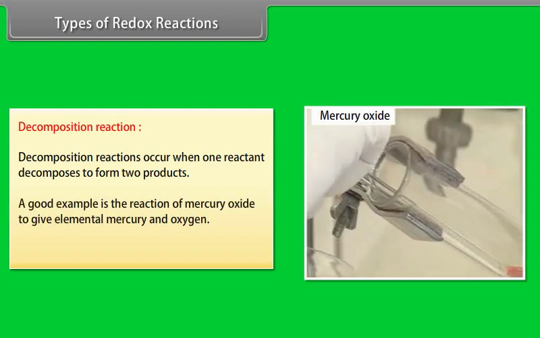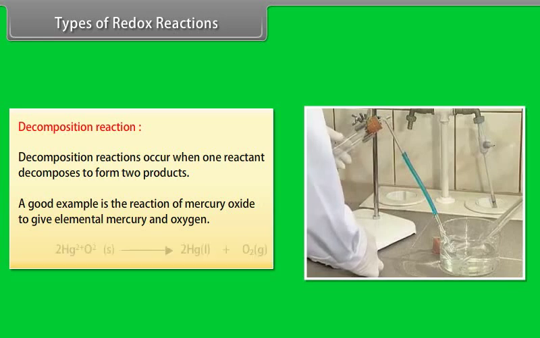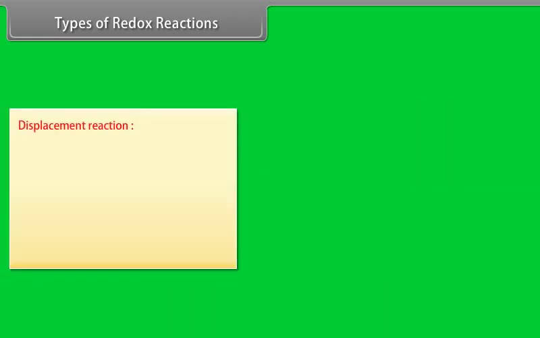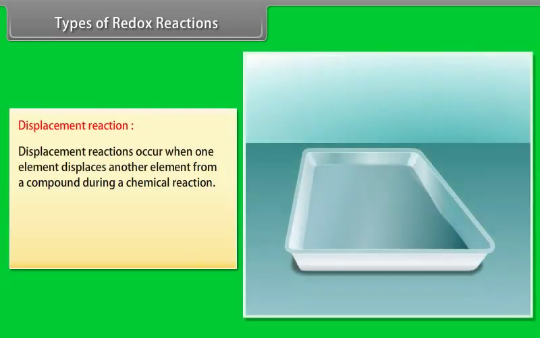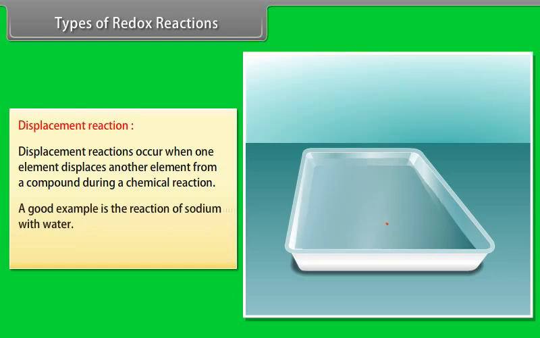A good example is the reaction of mercury oxide to give elemental mercury and oxygen. Displacement reaction. Displacement reactions occur when one element displaces another element from a compound during a chemical reaction. A good example is the reaction of sodium with water.